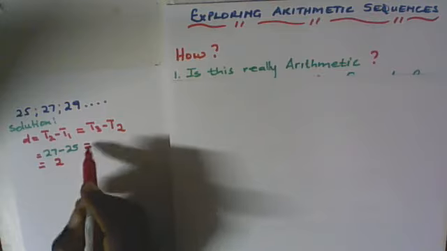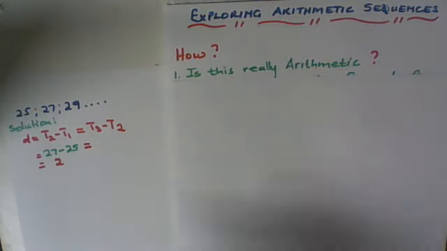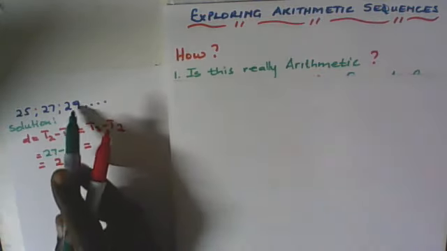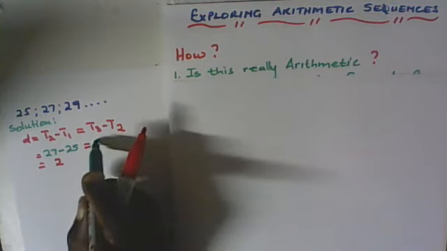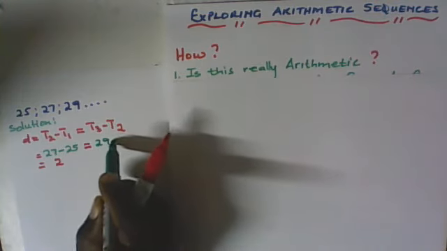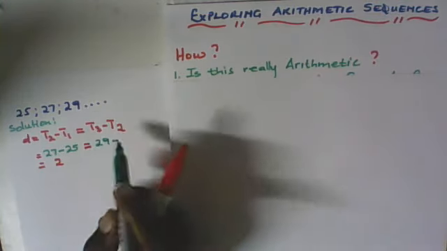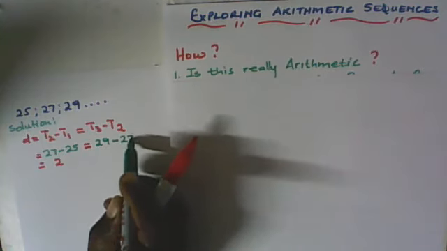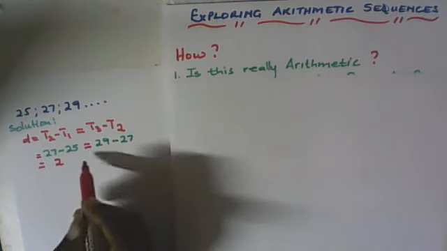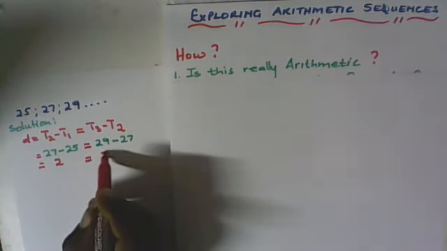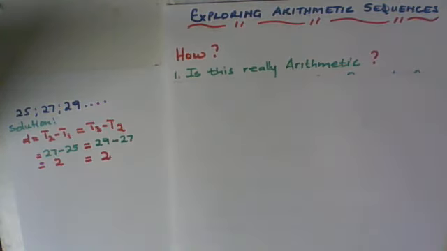This must balance. Term number 3 minus term number 2. Term number 3 is 29. Then we write 29 and subtract 27. The answer is 2. Now, what do we see?